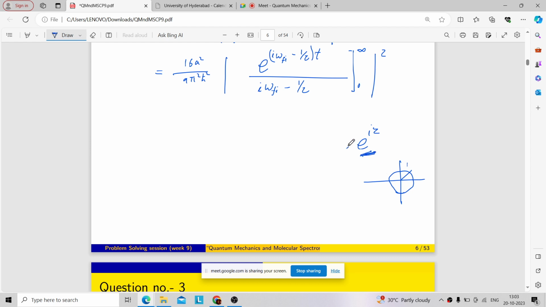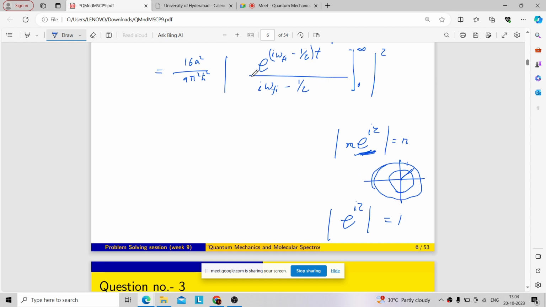If any radius is multiplied with it, it will be scaled by that radius. So only the e to the power i z factor is given, which means its radius is 1. And taking the mod of this kind of function means we are calculating the radius. So e to the power i z mod will give us 1.